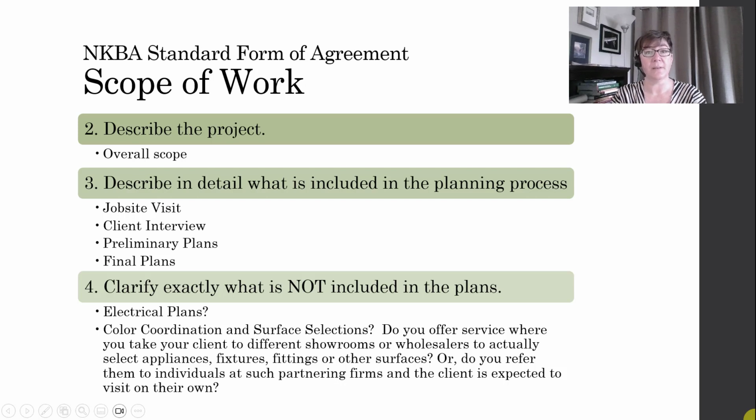Sometimes it's separated out from the rest of the work. Also be real specific about showrooms, all right, and selection of final finish materials. Do you physically take your clients and visit with them to the different showrooms, all right, or does the client do that on their own?